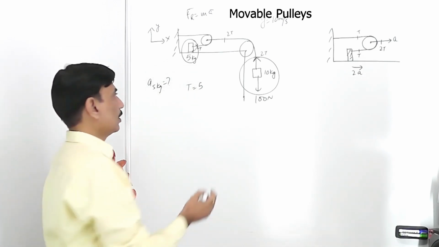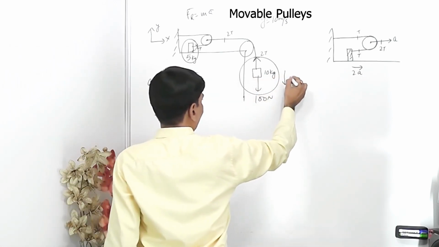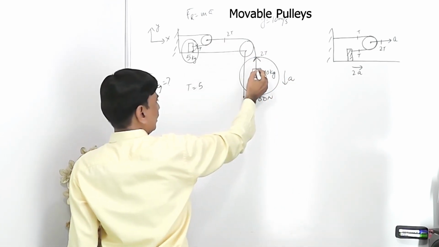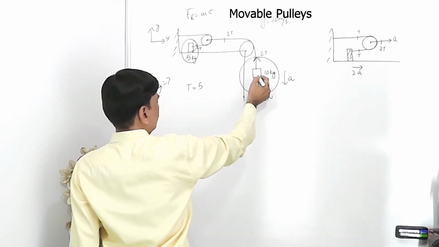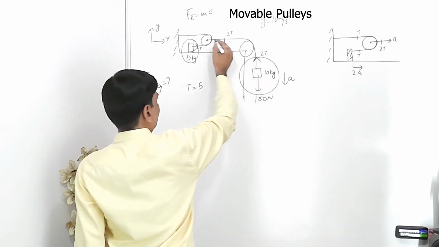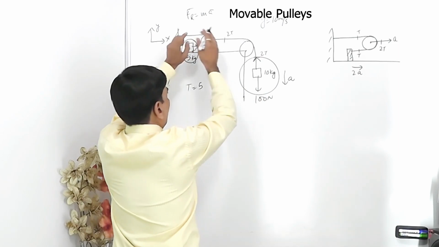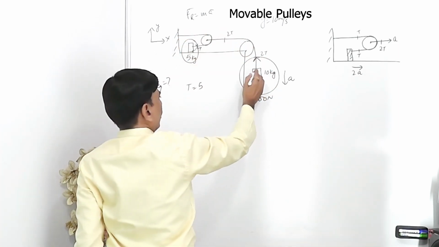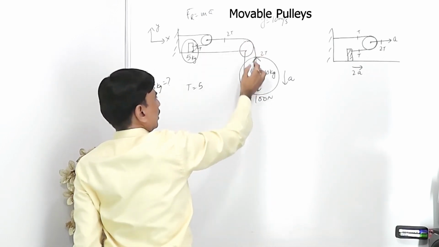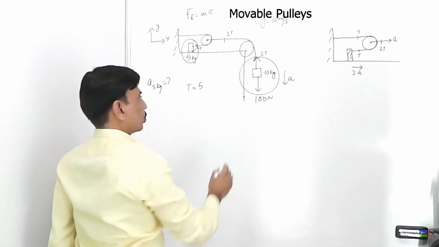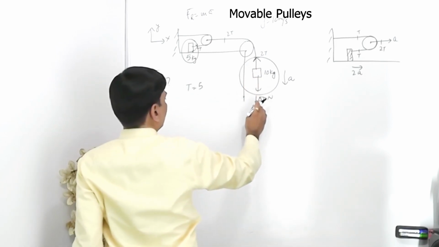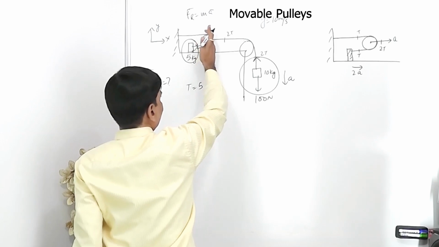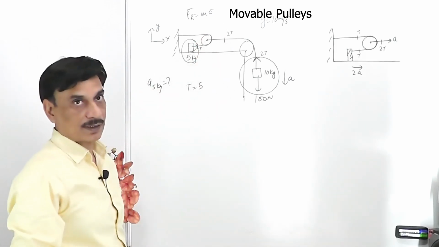What is the acceleration? If this block goes down with acceleration A, from here to here this is one string. If this string is pulled with acceleration A, then be it a pulley, be it a block, whatever it is, it will be pulled with the same acceleration. If this block goes down by 1 meter, from here to here there is only one inextensible string, so if it goes down by 1 meter, then the block or pulley over here shall also be pulled by 1 meter.